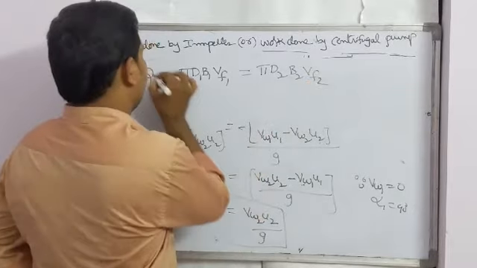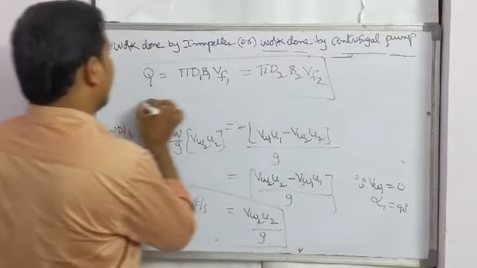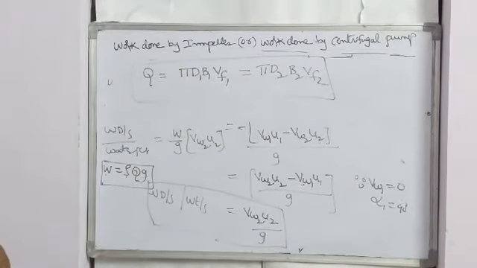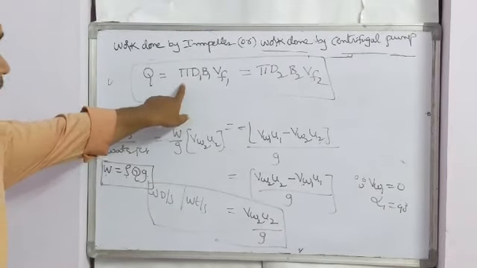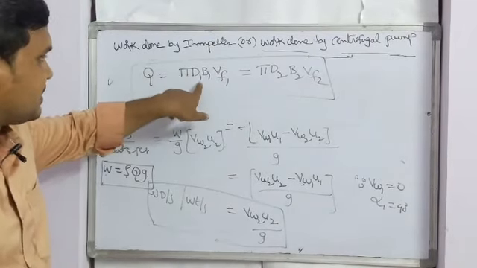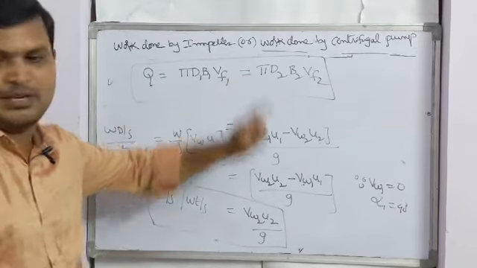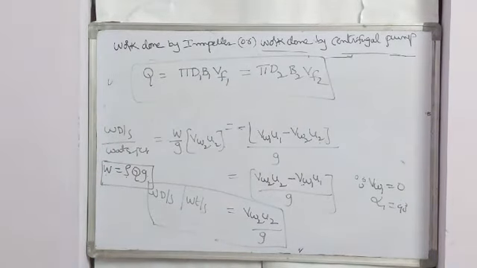This is the discharge equation of any radial flow pump or turbine. We already discussed this formula in the turbine, and the pump has the same equation. So this is the work done by the impeller of a centrifugal pump.